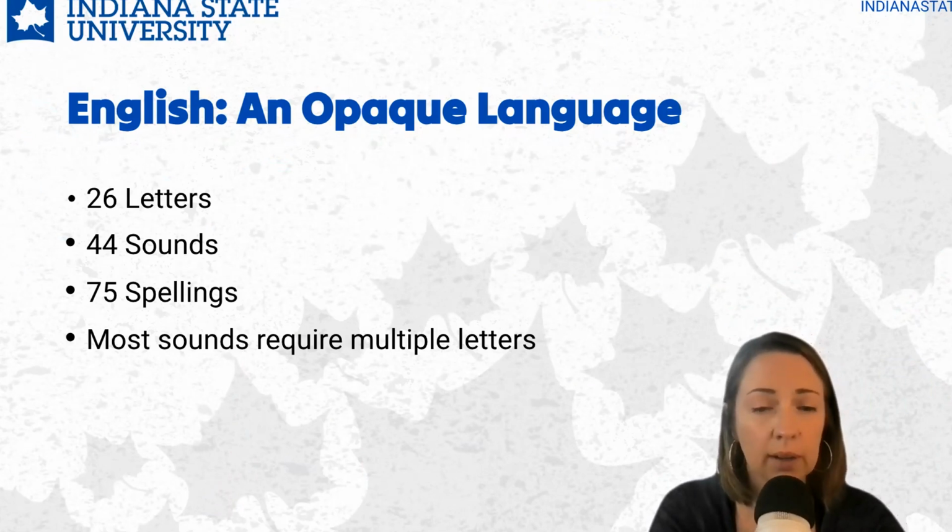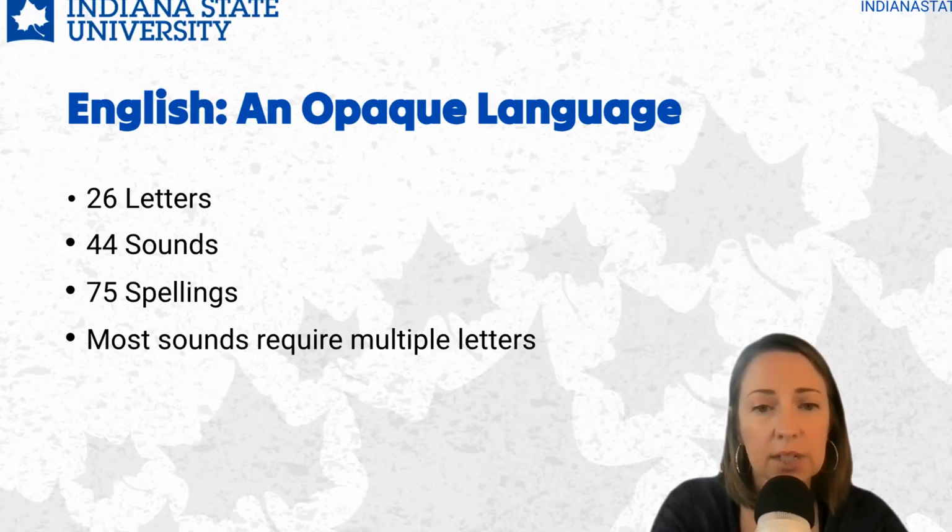Spanish is a transparent language because each letter or vowel has only one sound, a one-to-one sound-letter correspondence. English does not. There are 26 letters in the alphabet. Those 26 letters make 44 sounds. There are 75 different ways to spell those sounds, and most of those require multiple letters.